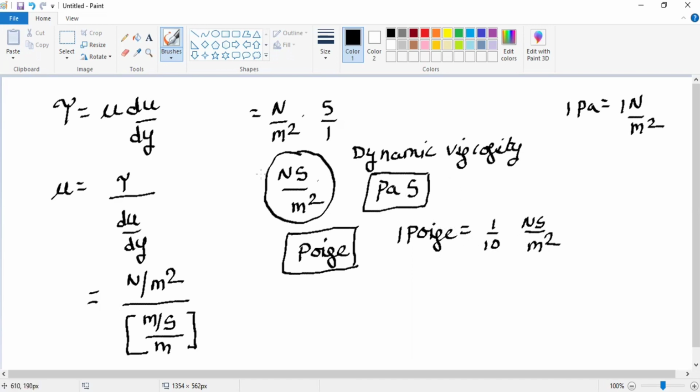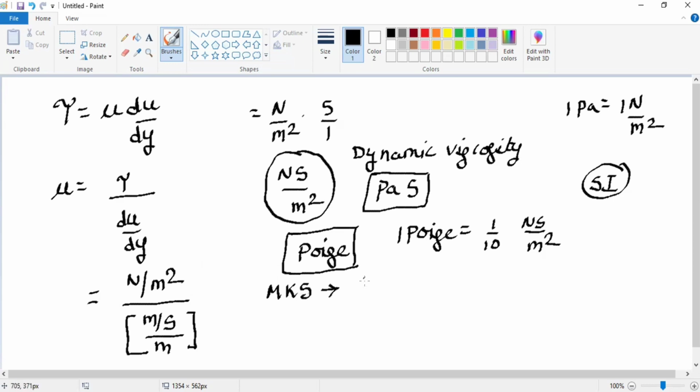These three are what? Newton second per meter square, Pascal second, and poise. These three are the SI units for the dynamic viscosity. And what are the MKS units for the dynamic viscosity?